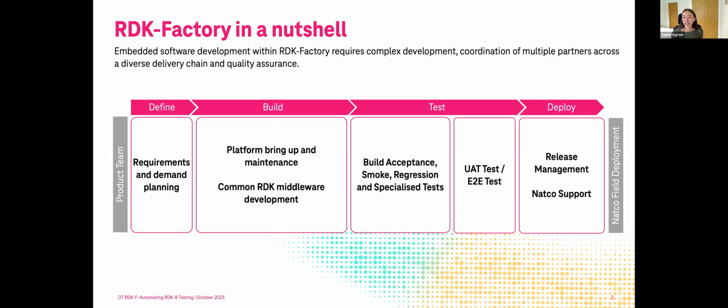And I'll go into more detail, but in a short view, that covers everything from build acceptance testing, smoke, regression, and specialized tests as well. And in addition to that, after that kind of first process is done, we also have a section for UAT and end-to-end testing as well. And then finally, we come on to the release management and deploy kind of area of our team, which goes into NatCo support as well.